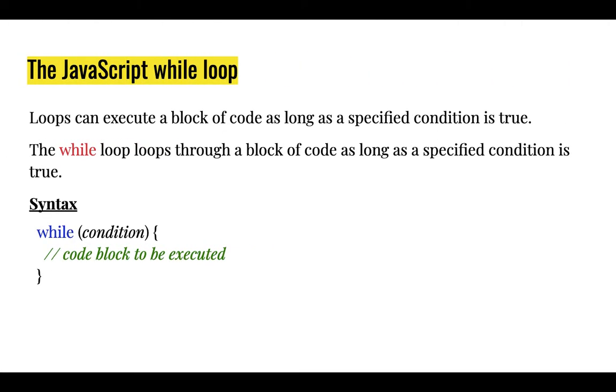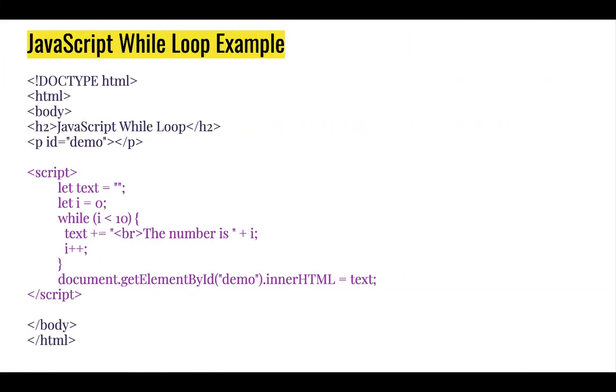The JavaScript while loop. You can also use the while loop. The while loop loops through a block of code as long as a specified condition is true. This is the syntax: you have the while keyword followed by the condition and then the code to be executed.